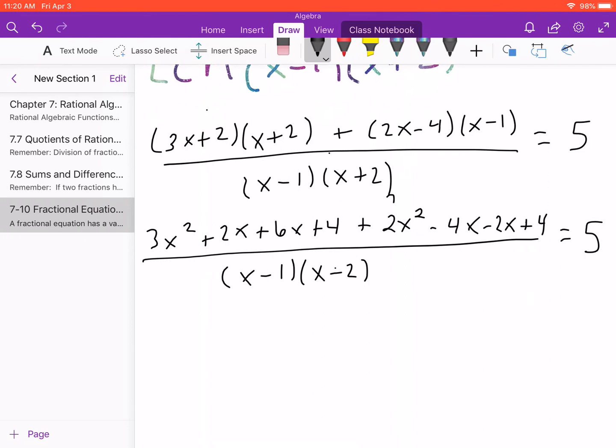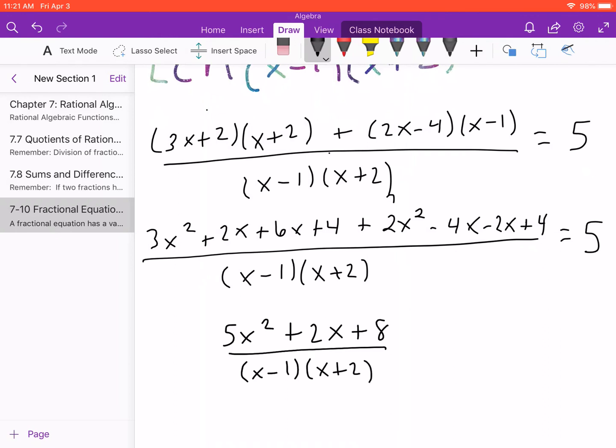In that numerator, after we combine like terms, we're left with 5x squared plus 2x plus 8 all over our least common multiple of x minus 1 times x plus 2. And we just rewrite our 5 because we have done nothing there.